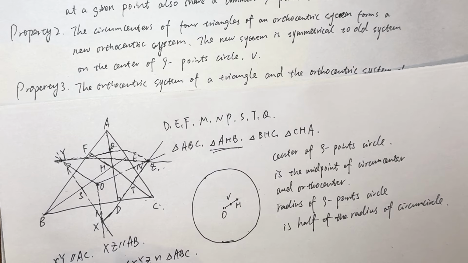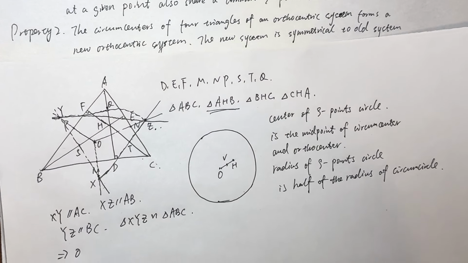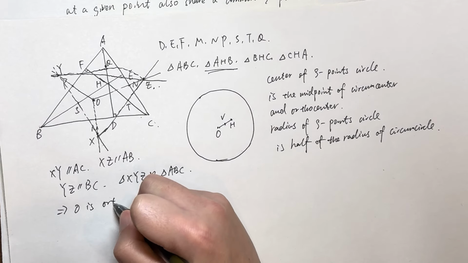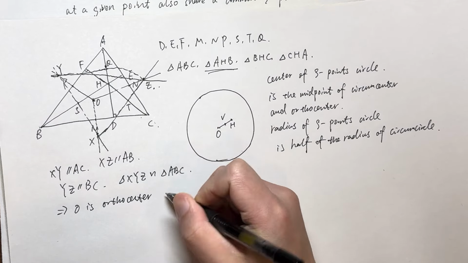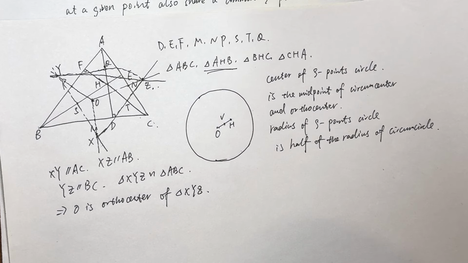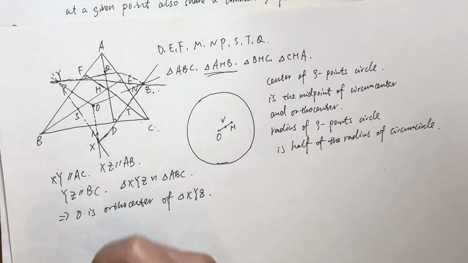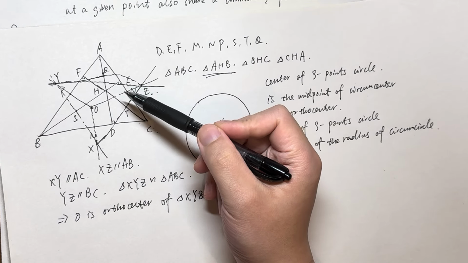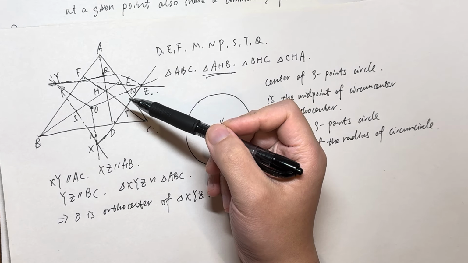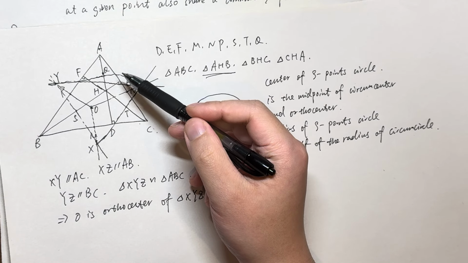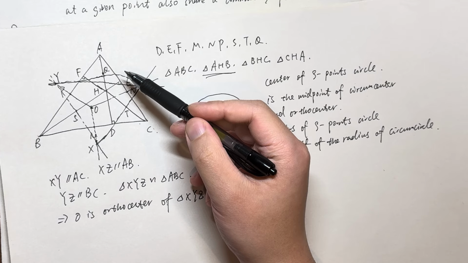Right? So we know that O is the orthocenter of triangle XYZ. And then the question is, we want to prove that the new orthocentric system is symmetrical to the old orthocentric system with respect to the 9-point circle center.